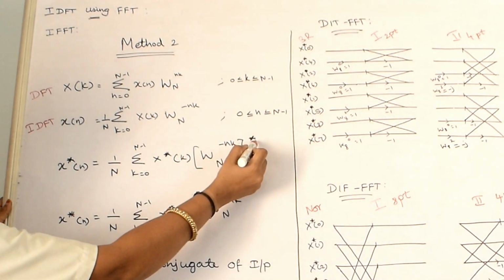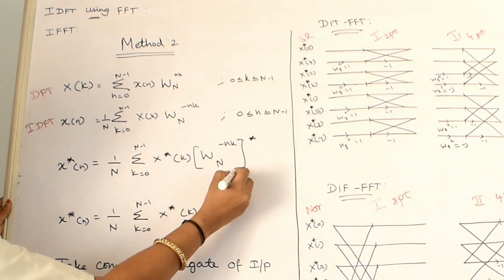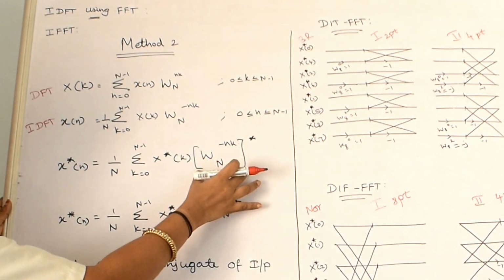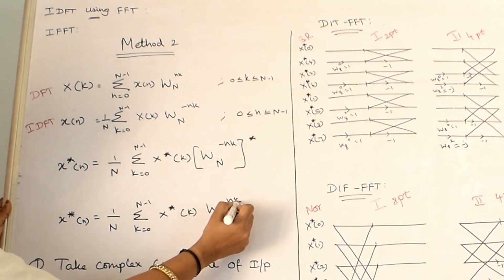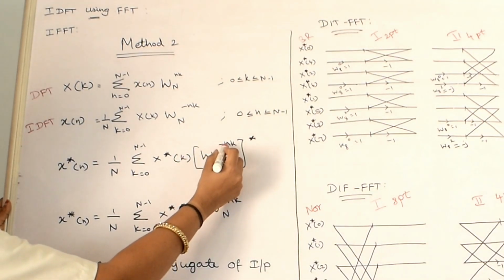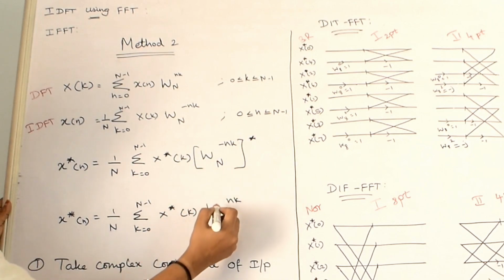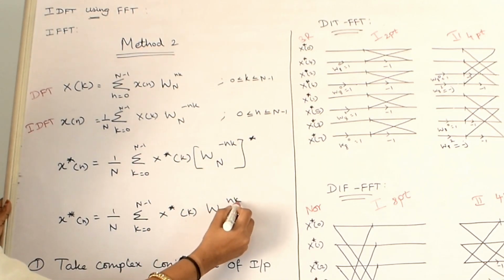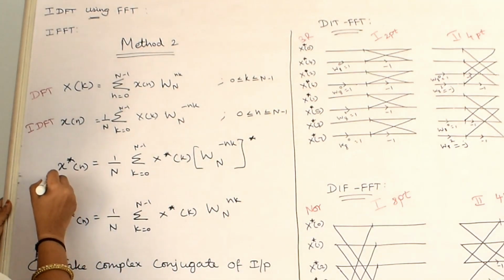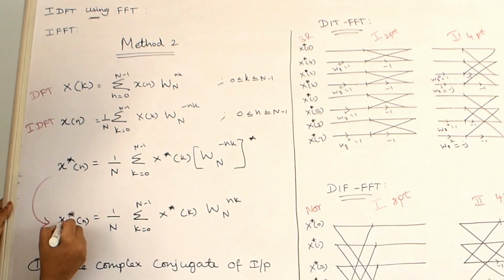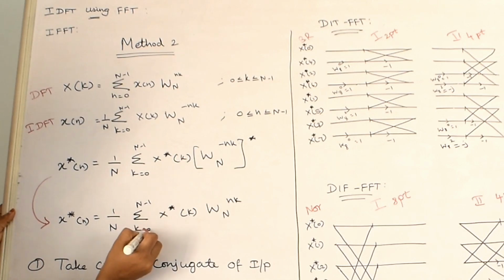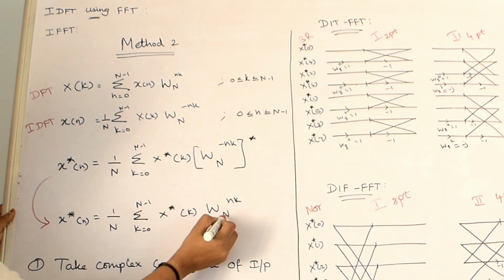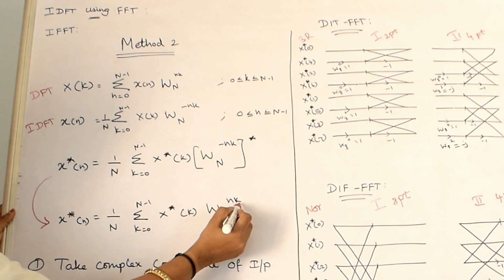the whole star. This is the Twiddle factor, and W_N power minus nk the whole star can be written as W_N power nk, and this expression can be written as x star of n is equal to 1 by N summation k equal to 0 to N minus 1 X star of k W_N power nk.